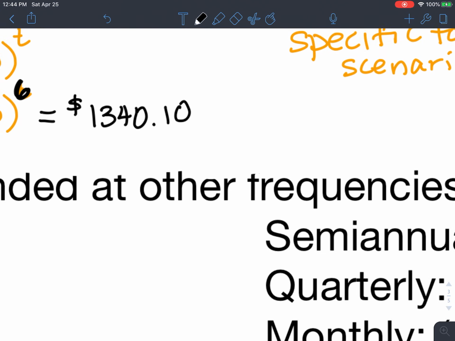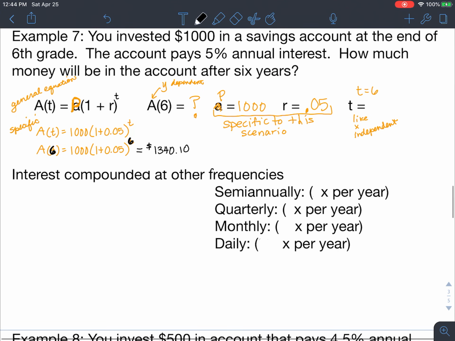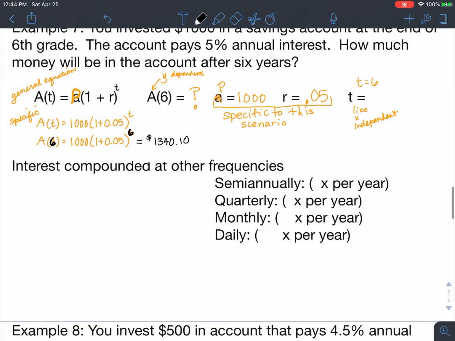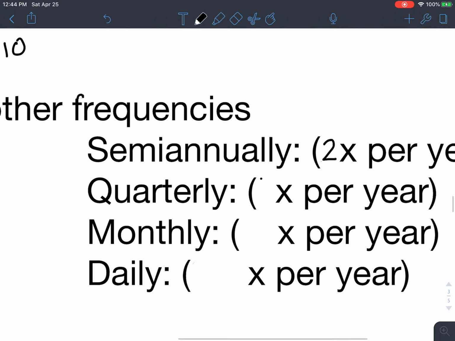Now, interest doesn't have to be compounded annually. In fact, most of the times it's not. So here are some examples of other frequencies at which they could compound interest. Semi-annually would mean 2 times per year.